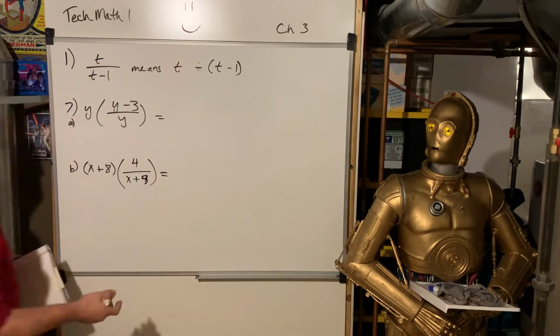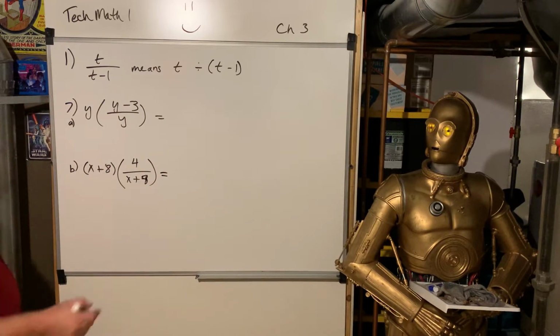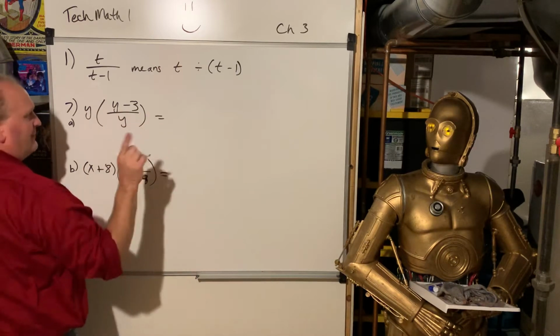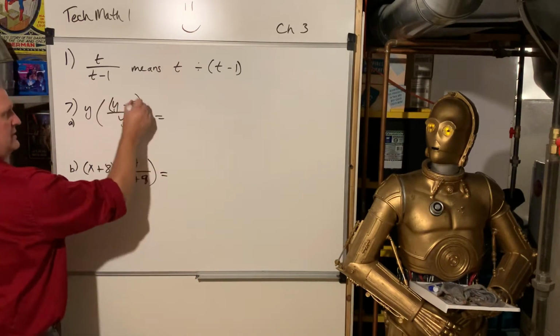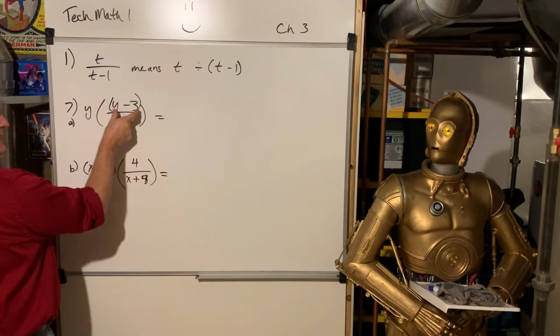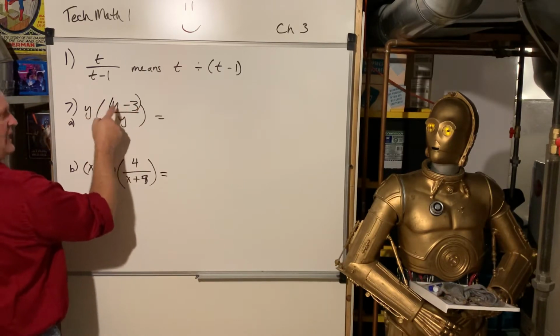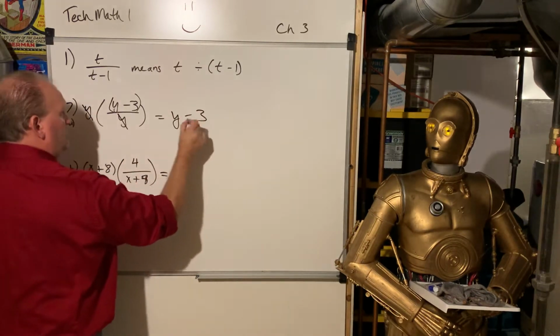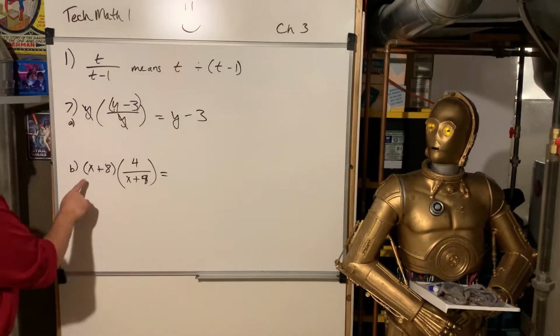All right. So what this is basically saying is, look, if I multiply this, we could distribute it over the top. Don't do that. We would want to basically think of that as an entity and say y times that over y, and then just cancel the y's. So that would just be y minus 3. Same with that, x plus 8.